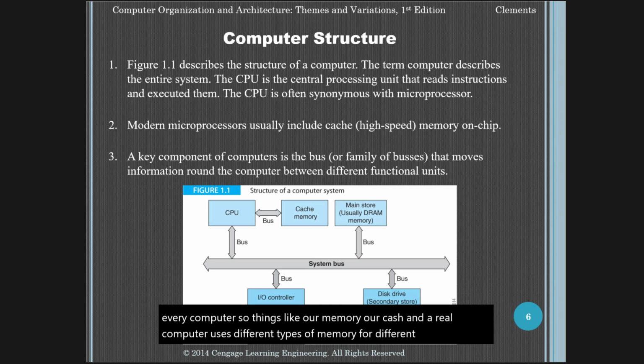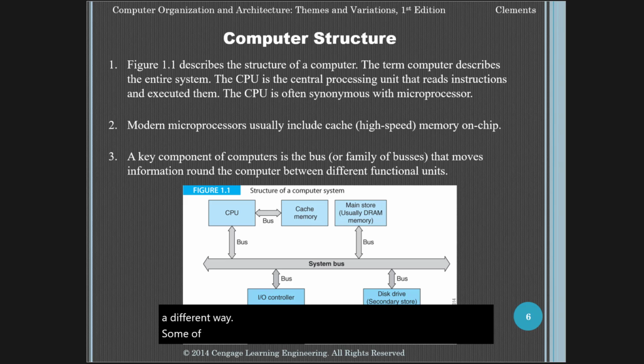So our cache memory, our main store, and our secondary store, these are all memory technologies that hold information, but each operates in a different way. Some of these provide fast but expensive memory systems, while others are slow and cheap.